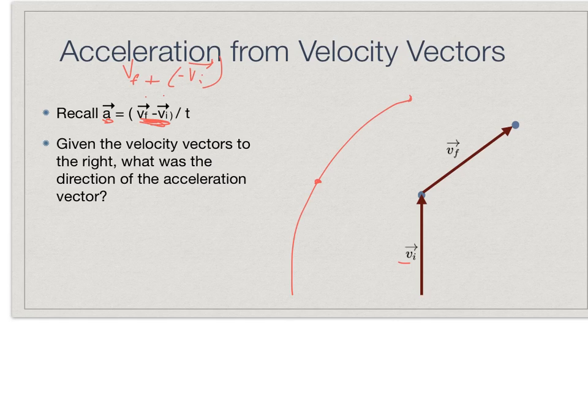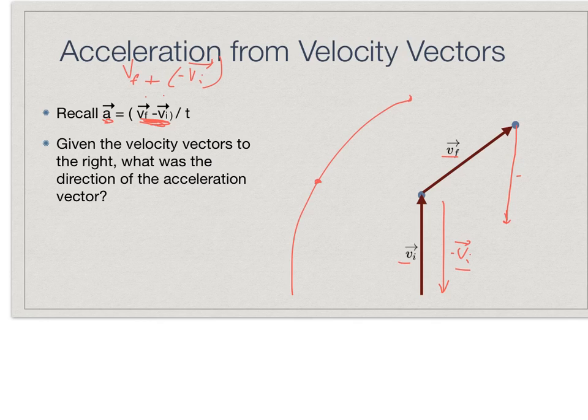So when I subtract them, I add the negative part. So this is the same thing as negative vi. When I do that, I add final velocity plus negative initial velocity. So I'm going to move this over here. This is also roughly right there.